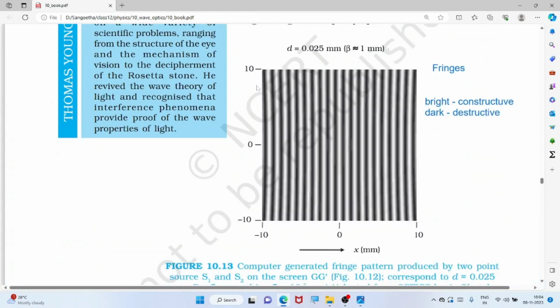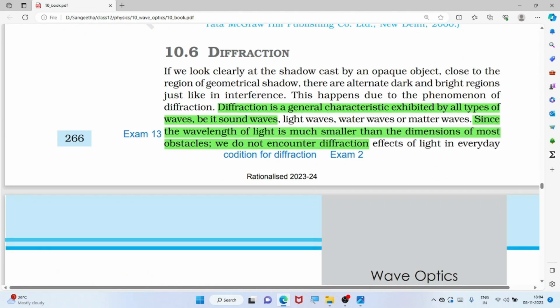If the wavelength of light is much smaller than the dimension of the obstacle, we do not encounter diffraction. So when the wavelength is comparable to the dimension d, only then will you see diffraction.